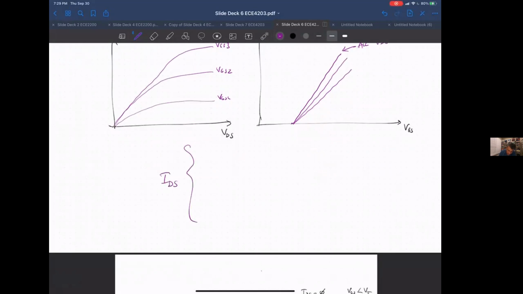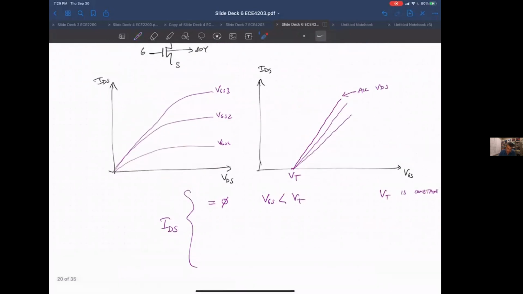is equal to 0 if VGS is less than VT. So that means VGS is less than this threshold voltage. So this is the ideal model. The ideal model says the threshold voltage is constant, and that the current IDS is absolutely 0 if VGS is less than this value of VT.